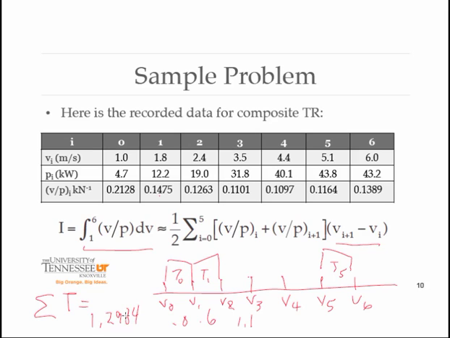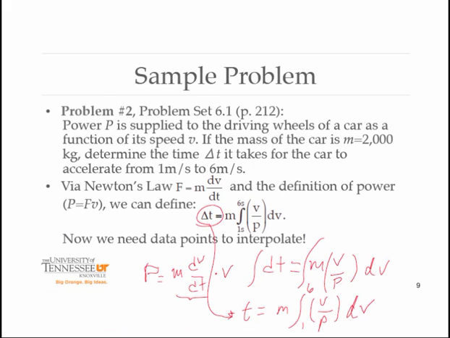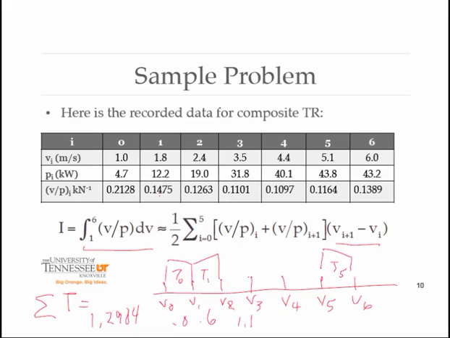And then we would go back, remember, because the problem said the time differential is the mass times that. And of course we have to multiply by 1/2 when we add all those areas up. So let's do that first. So the integral we just determined would be 1.2984 divided by 2, which of course is equal to 0.6492.